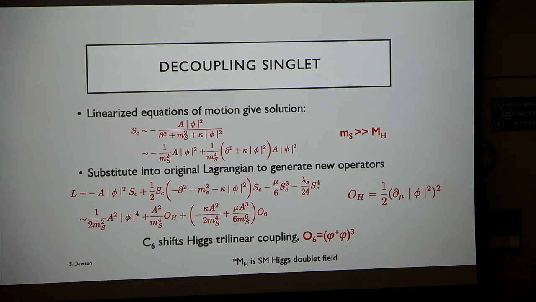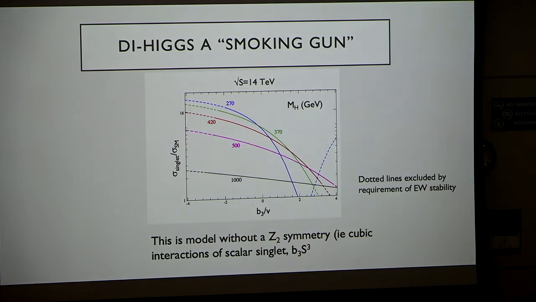So questions? Yes? This guy? Oh, it depends on B3 because this model has this extra parameter. So B3 is just the S cubed parameter.